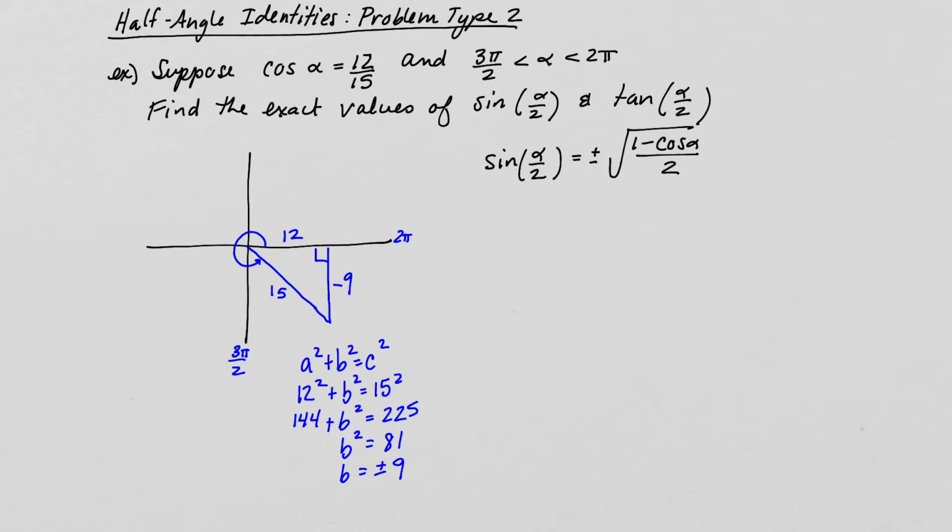Since I'm looking for alpha over 2, if I divide each of these by 2, that tells me alpha over 2 is between 3 pi over 4 and pi.